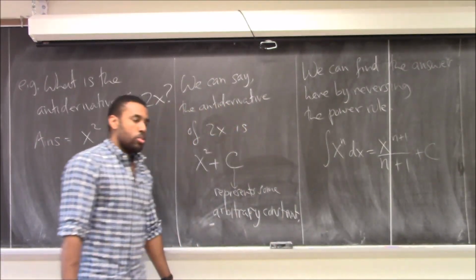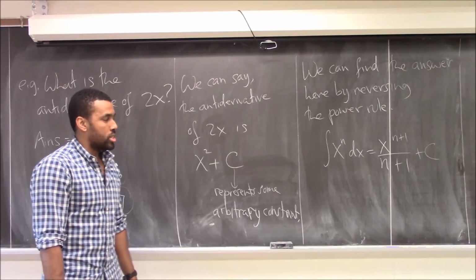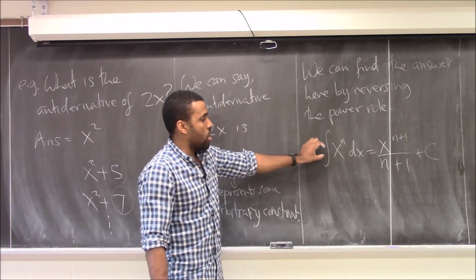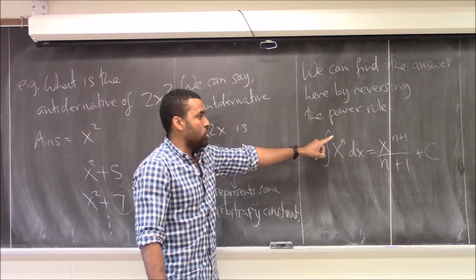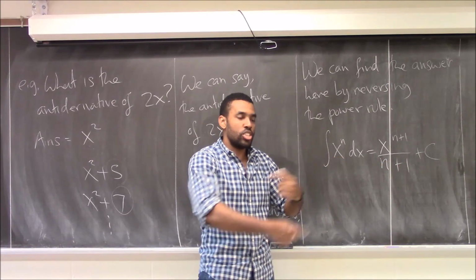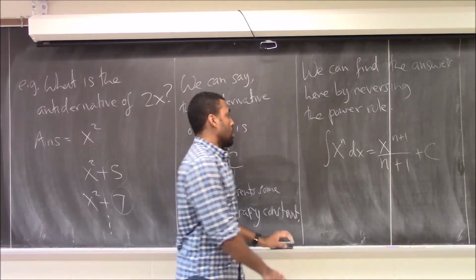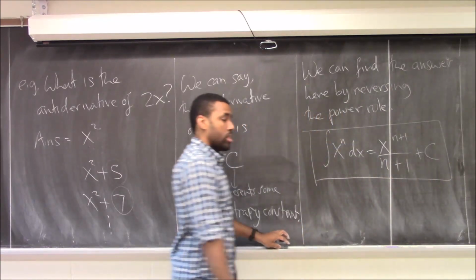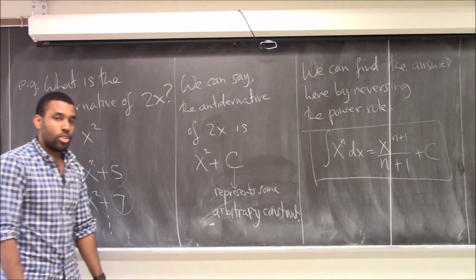You might notice that is actually reversing the power rule. The power rule says I multiply by the old power and subtract 1. Here I do the opposite. I add 1 to the power and divide by the new power. It's just a way for me to reverse that power. This is called the power rule for integrals, and we'll see a lot of examples with it and talk about other rules.